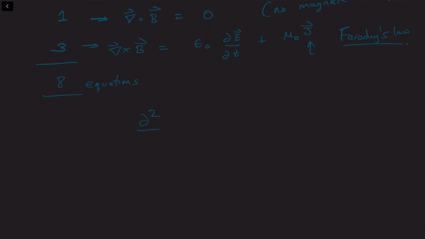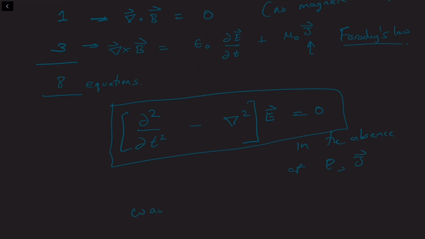So you can show something like this. Okay, in the absence of charges and current densities, you can get an equation of this form. So this is a wave equation.